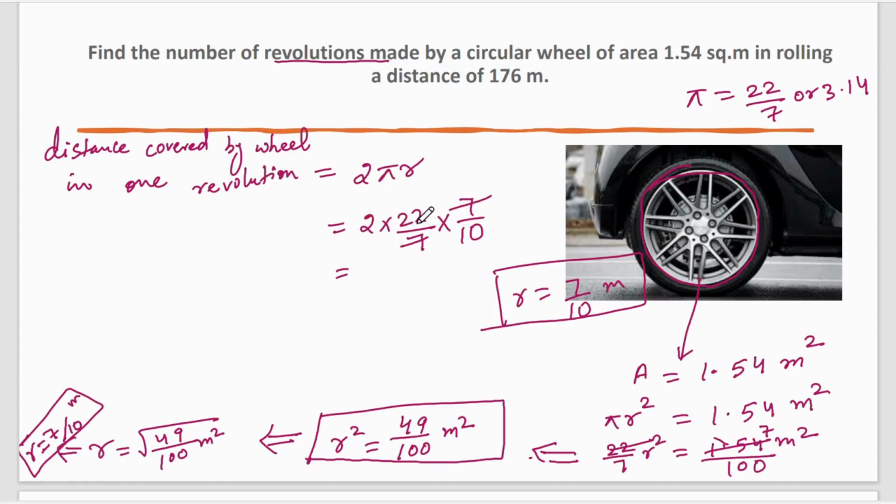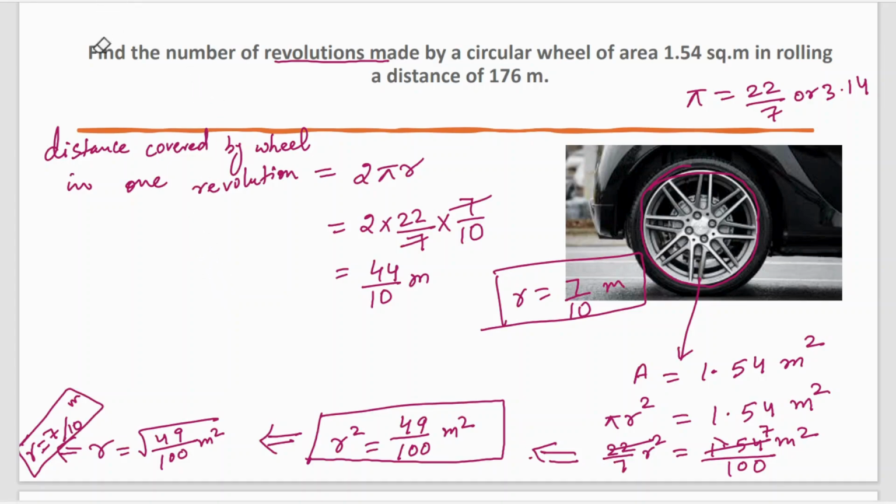So you can see it is 44 by 10 meter. I'm going to write it as 4.4 because we have to go for further calculation also. Now they have asked me to find the number of revolutions. What formula are you going to use for the number of revolutions?